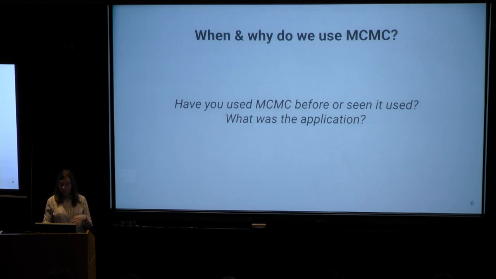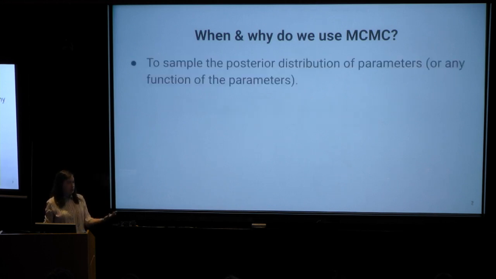But I've put down a few things just to throw them out there, and you may recognize some of these from problems that you have faced and maybe even things that you've seen people use MCMC to do. So one way to use MCMC is if you want a posterior distribution of your parameter space.